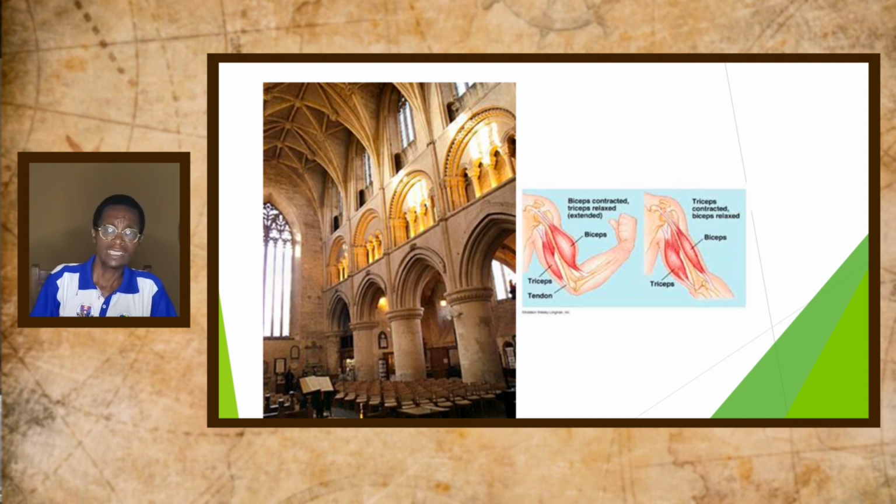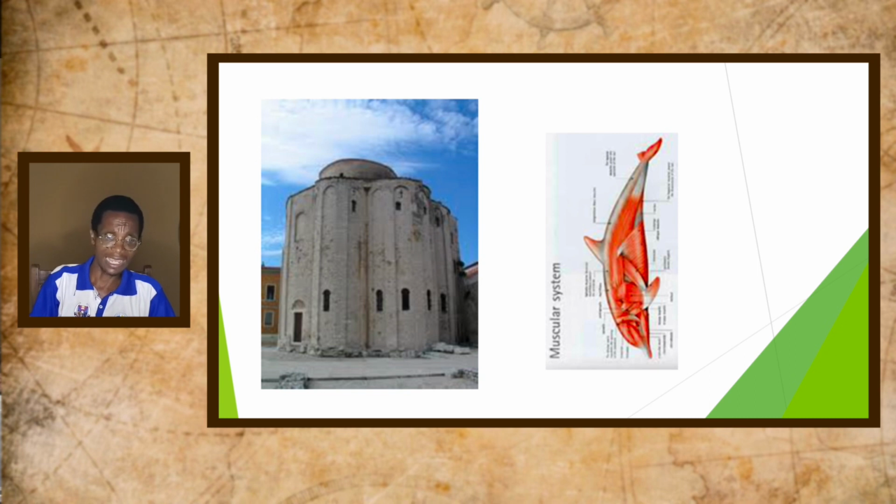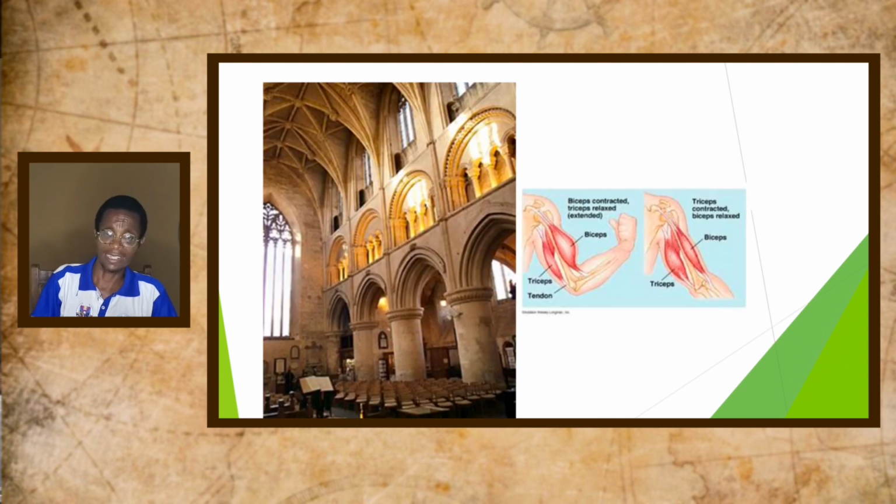You can see that the ribs are much more developed, and can be likened to the musculoskeletal system of man. So while the Romanesque is likened to the dolphin, the Gothic is likened to the musculoskeletal system of man.